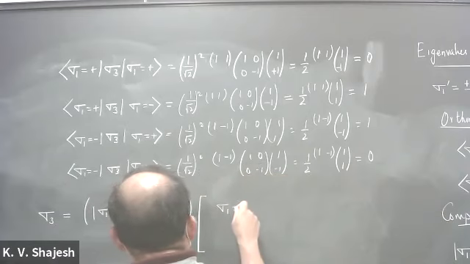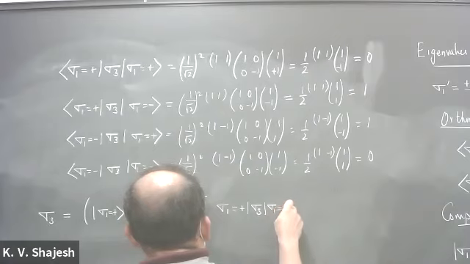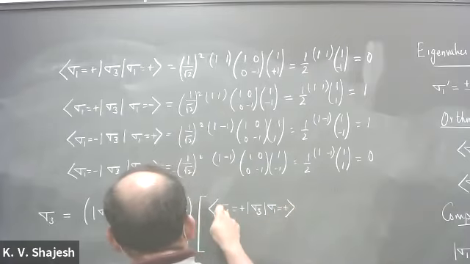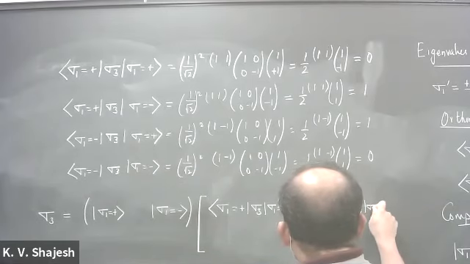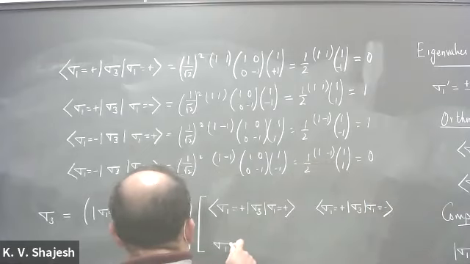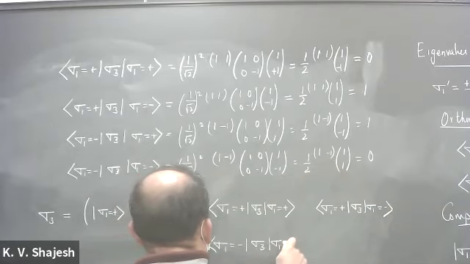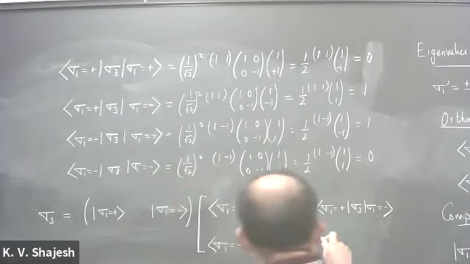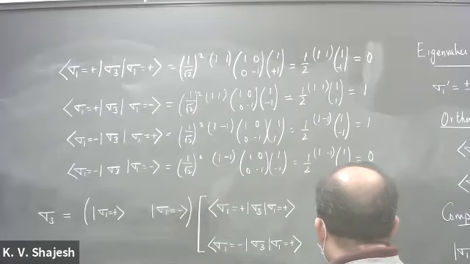Sigma 1 equal to plus, sigma 3, sigma 1 is equal to plus, sigma 1 is equal to plus, sigma 3, sigma 1 plus. Remember, each term in that is a matrix.